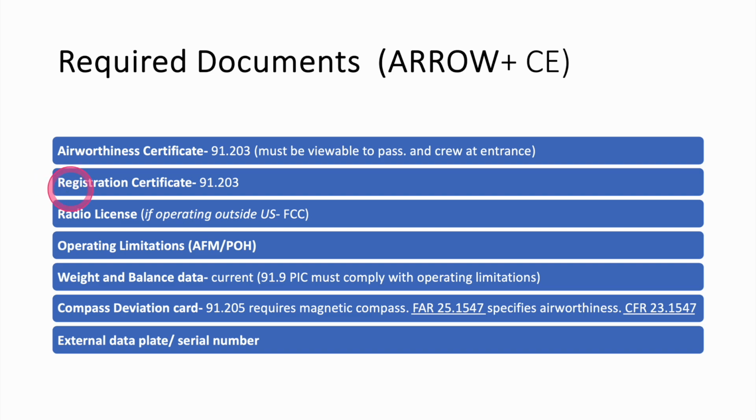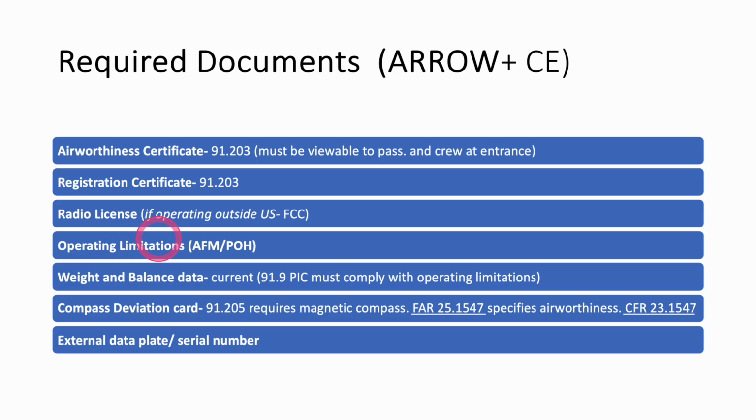And registration certificate. Next is radio license, and that's only if you're operating outside the US. You apply for this through FCC. Obviously for flight training and flying in the US, you do not need this. Next is O. Sometimes people will memorize this as operating handbook, like POH.